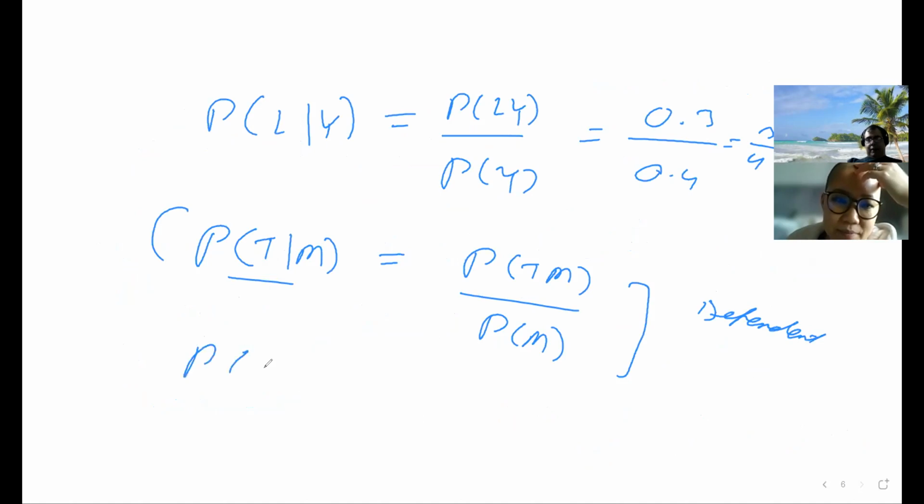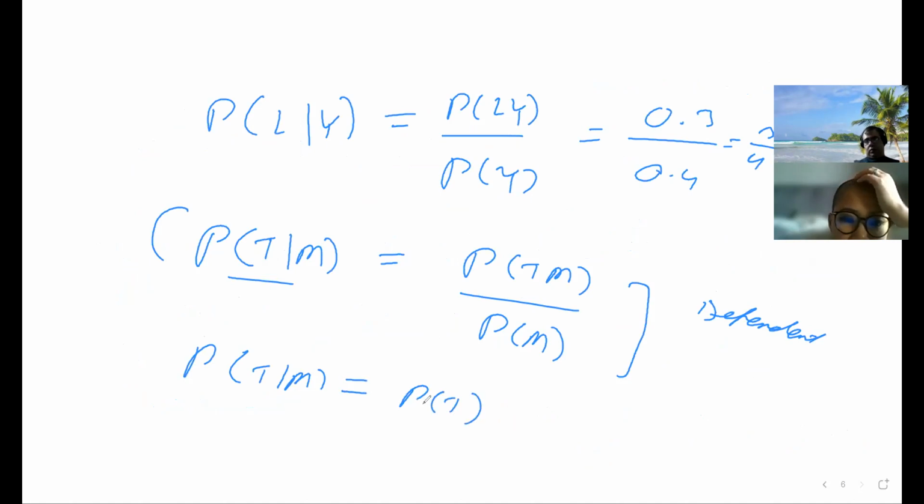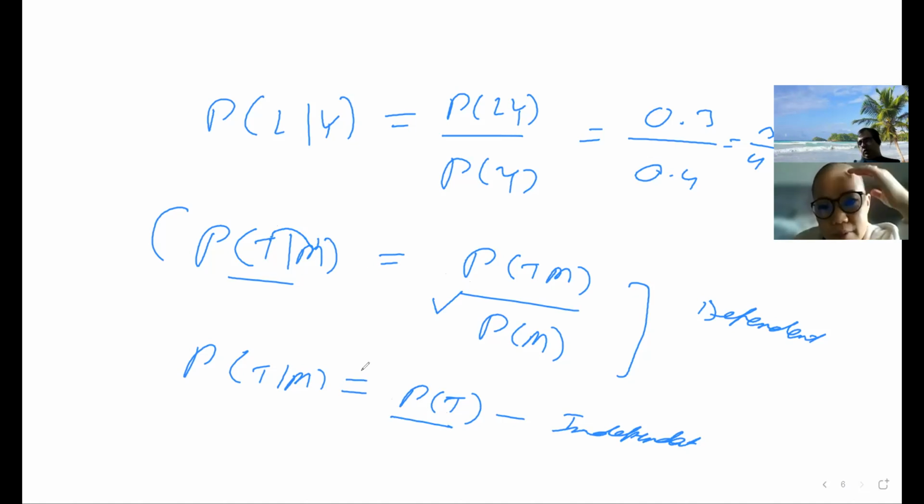But for independent events, P(T given M) is actually equal to P(T) only. So this is what has been used in that example, because we have to find the probability of T where M is given, but T and M are totally independent events, so this is actually equal to P(T). But in case T is dependent on M, then this formula we would have used.